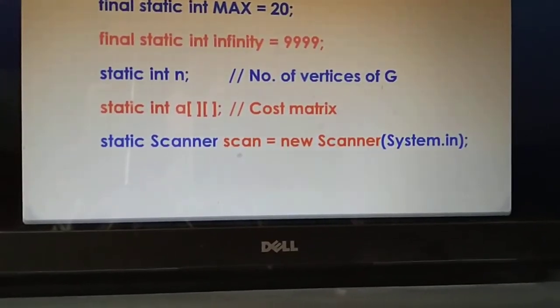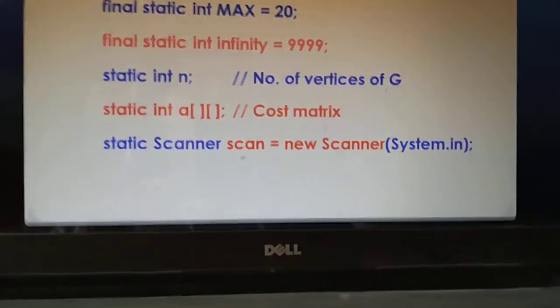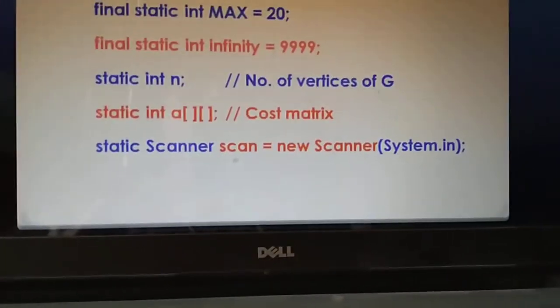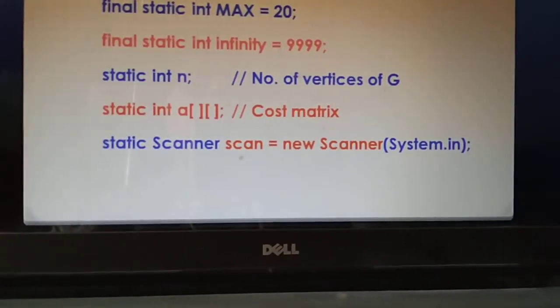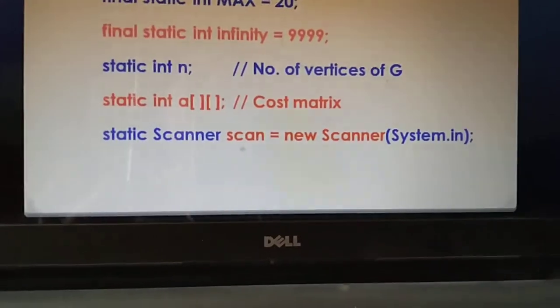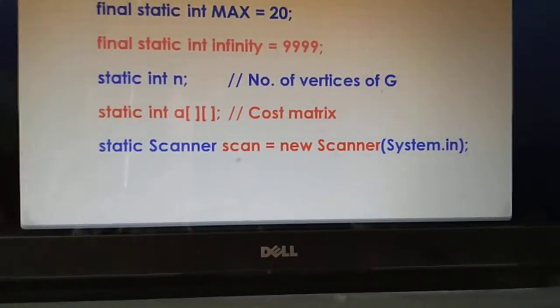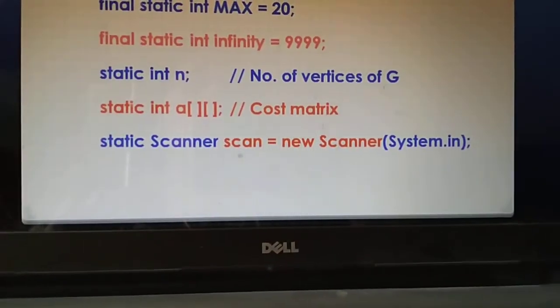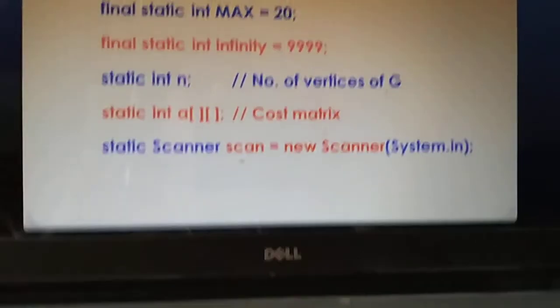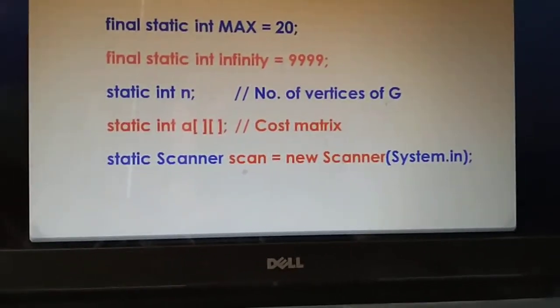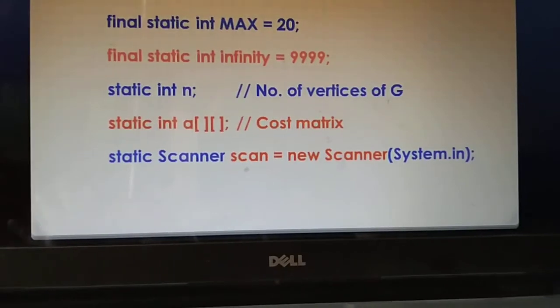Whenever the distance is not there from any vertex to any other vertex, the distance is infinity. But we cannot write it as an infinity symbol. That is the reason you usually take it as 999 or 9999, which indicates a higher value. Okay, it indicates that it is infinity.